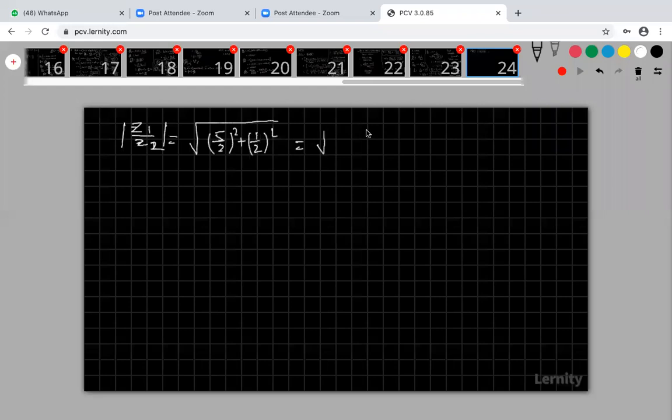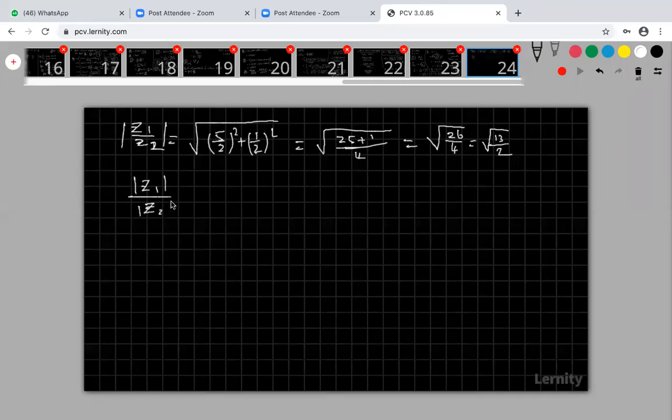So this is nothing but 2 square is 4. This is 5 square, 25, plus 1. So root over 26 by 4. This is nothing but root of 13 by 2.